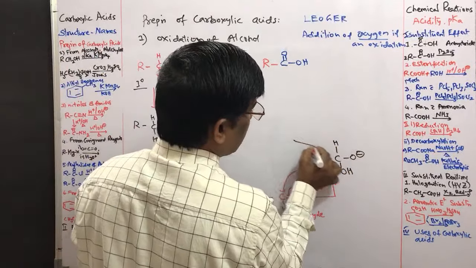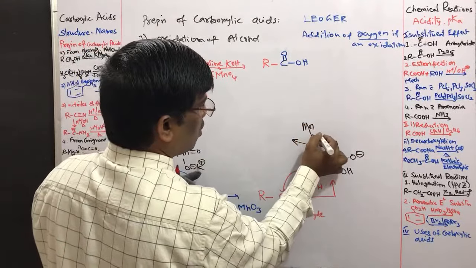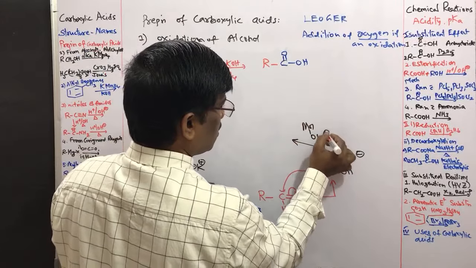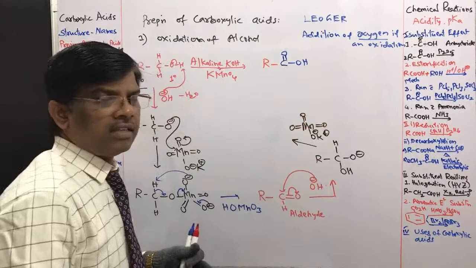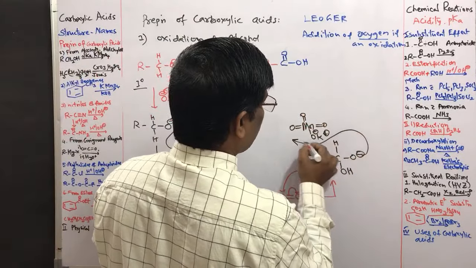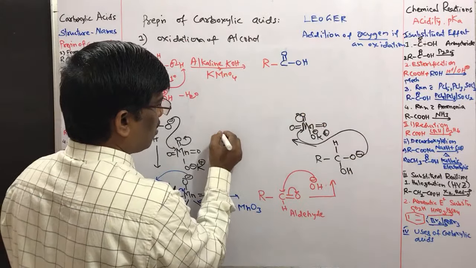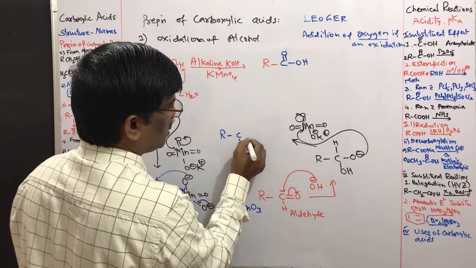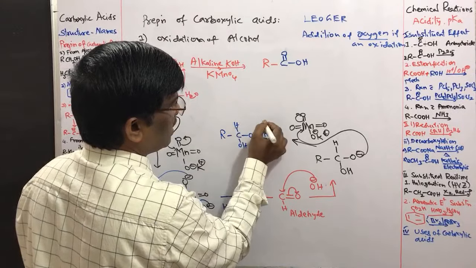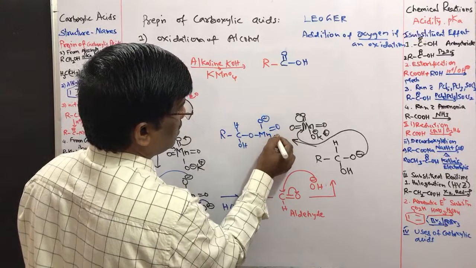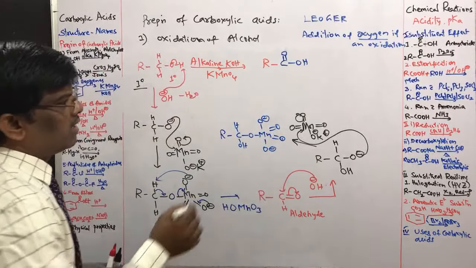Now it reacts with another molecule of MnO4 minus, and this is going to attack onto this to give, let me write the structure, RCOH, there is O manganese, and hydrogen is here, O minus, O minus, right?